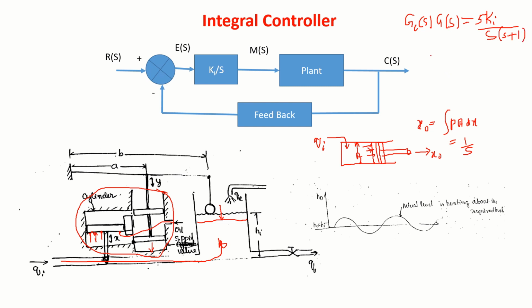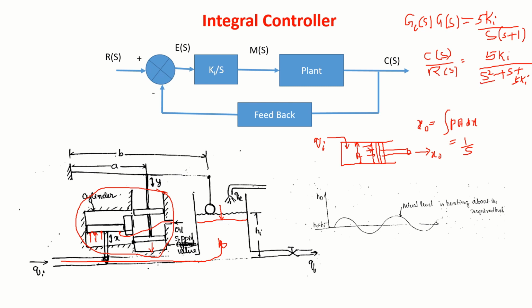Now assuming unity feedback, the overall transfer function C(s)/R(s) will become 5Ki divided by s square plus s plus 5Ki. So it is a second order system now.